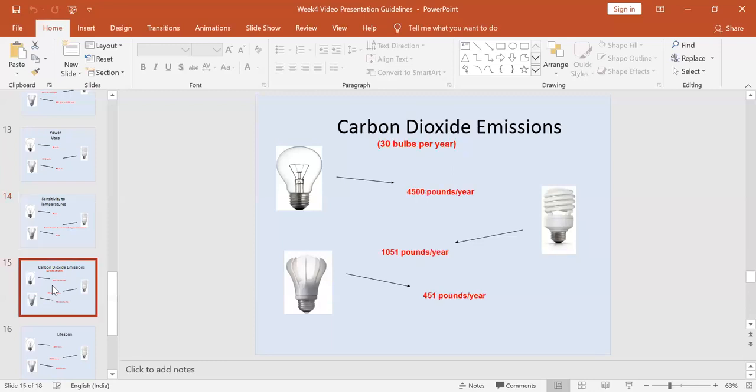And carbon dioxide emission is the main consideration we have to discuss from this topic. Why are we switching to LED lamps compared to CFL and incandescent lamps?